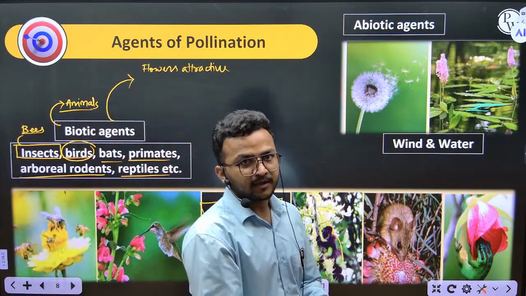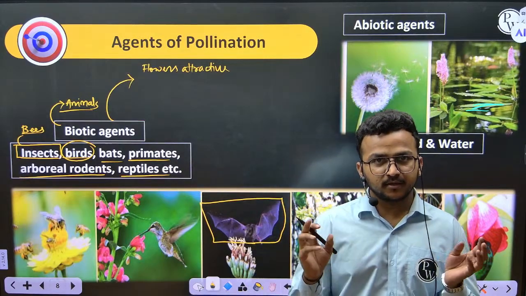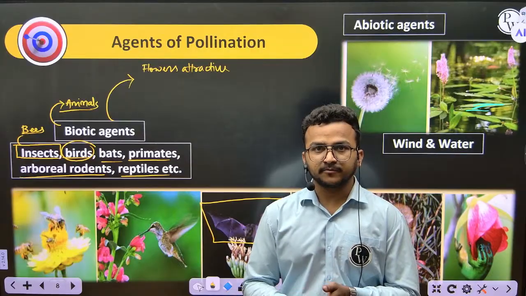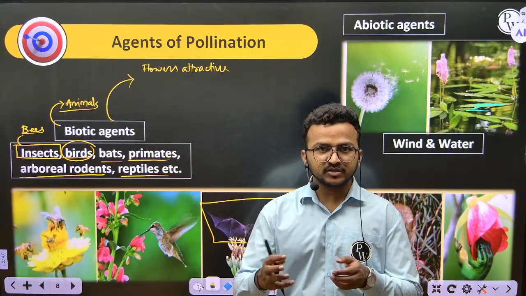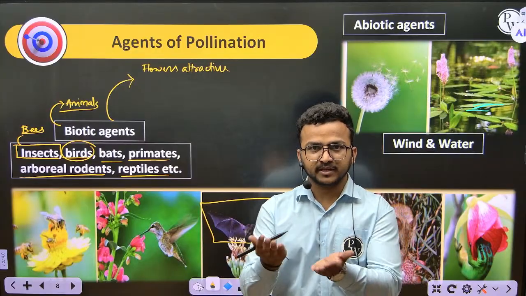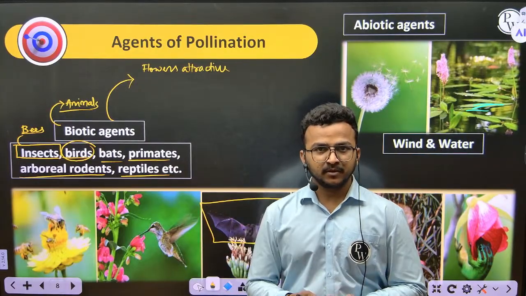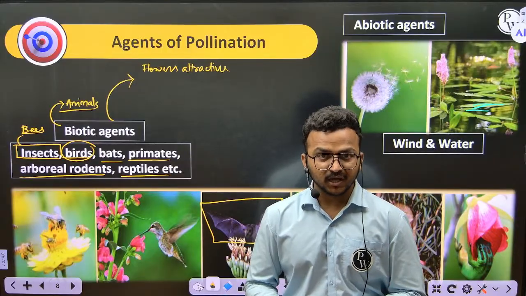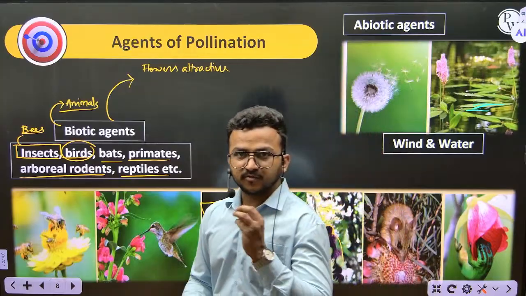There is a mutual relationship. Like if I am coming and doing the favor of pollination, you should give me a reward. That reward will be like feeding them, giving pollen grains to eat, or letting them drink the nectar. So that is the floral reward.